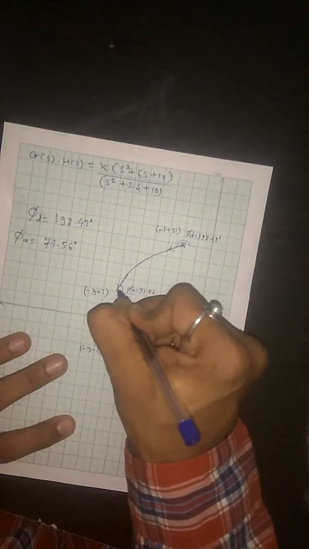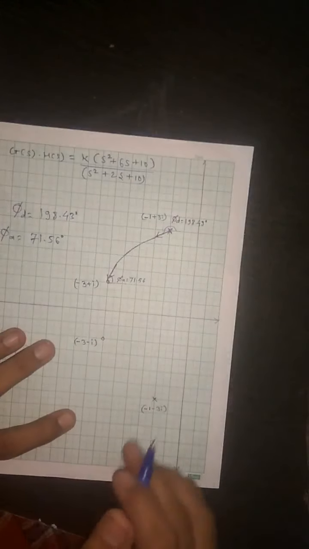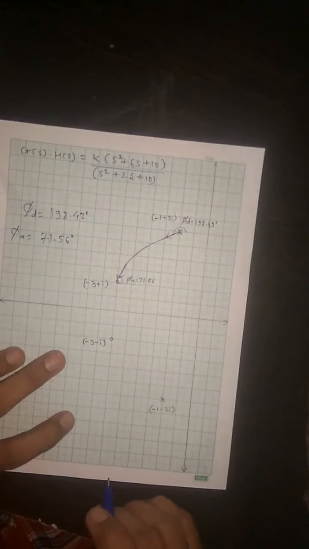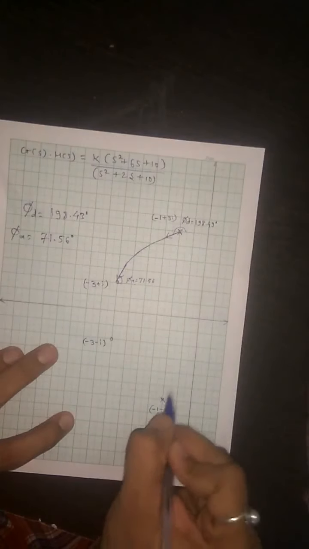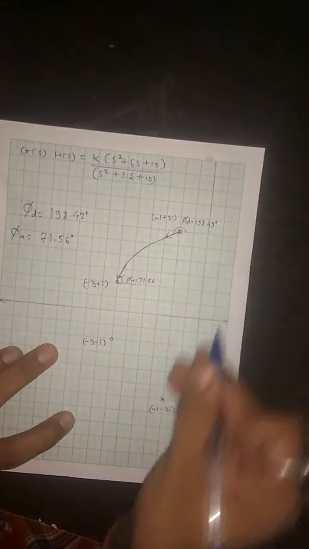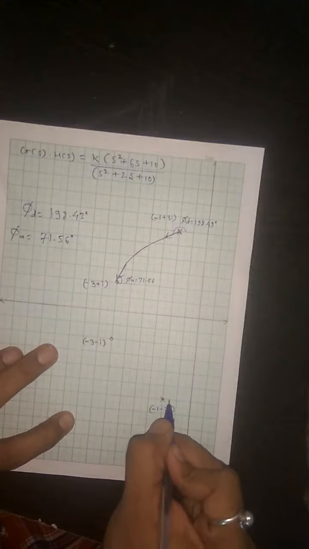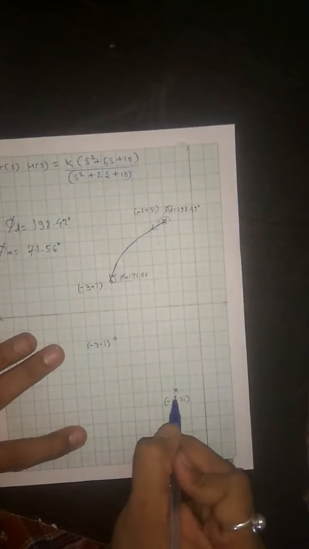Here, as well as for this, because we know very well that root locus is always symmetrical about the x-axis. So if you have shown 198.43 here, then minus 198.43 here. Horizontally you calculate the angle in this fashion, so exactly a mirror image of this one.